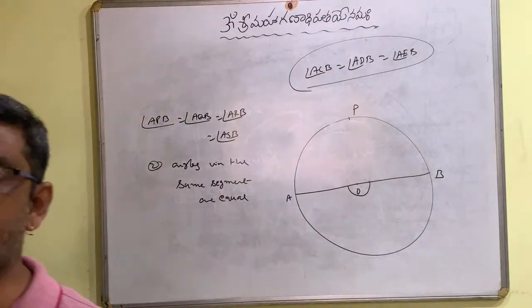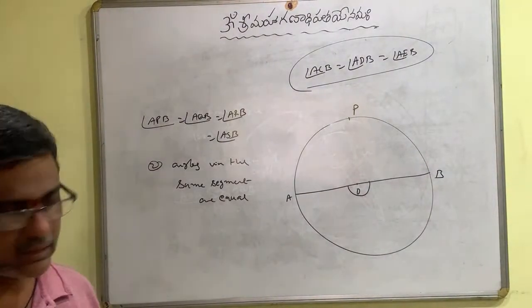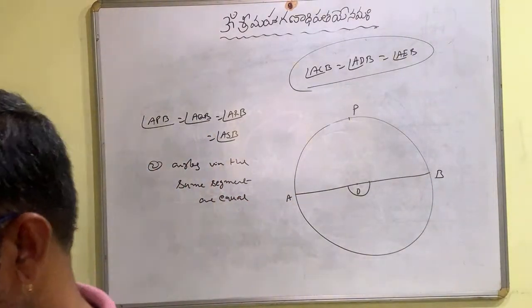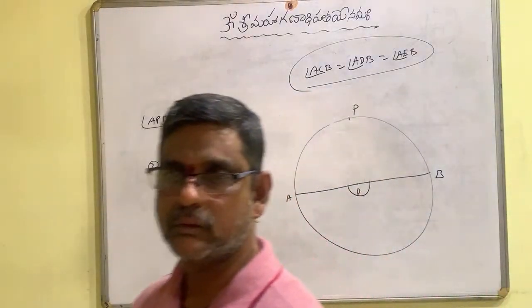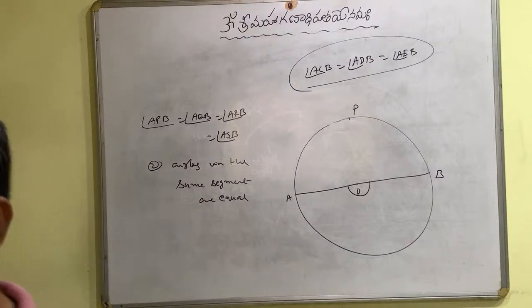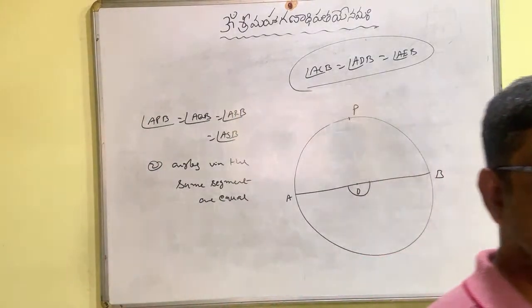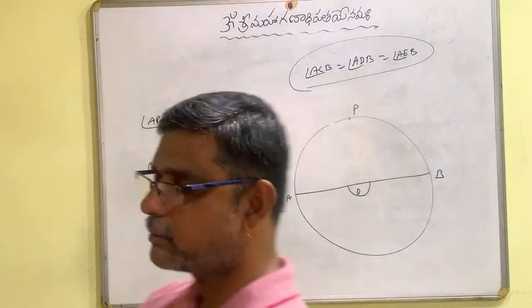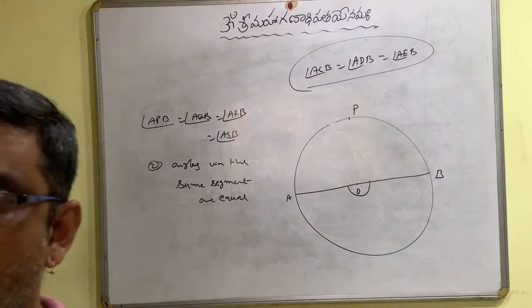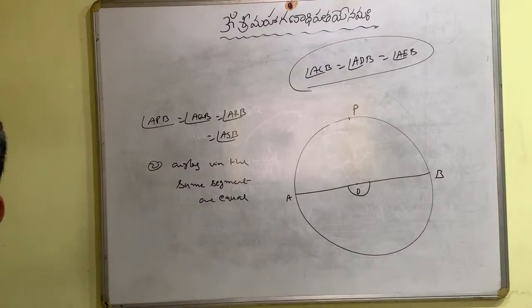Why am I calling APB a semicircle? Can I say APB is a semicircle, children? Reason? Because the diameter divides the circle into two equal parts, and each equal part is called a semicircle.